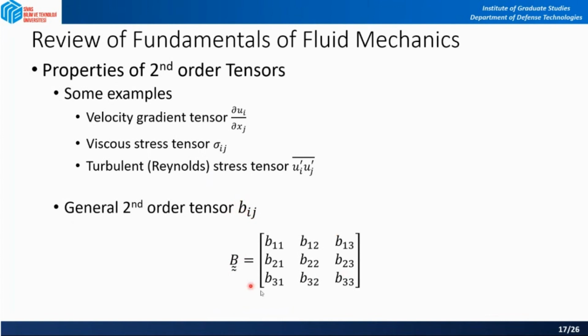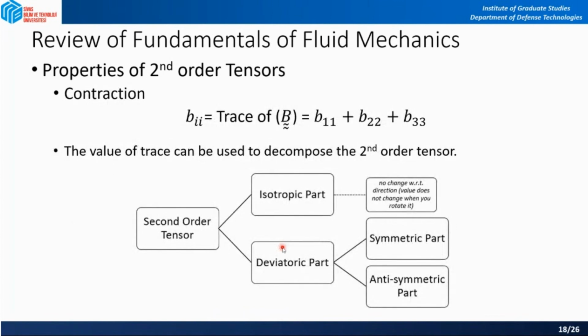Because you have ij, it is a second order tensor, and in vectorial notation it is a 3 by 3 matrix. So let's suppose that this is a general second order tensor. The first property of this tensor is the contraction. So contraction means the trace of B.